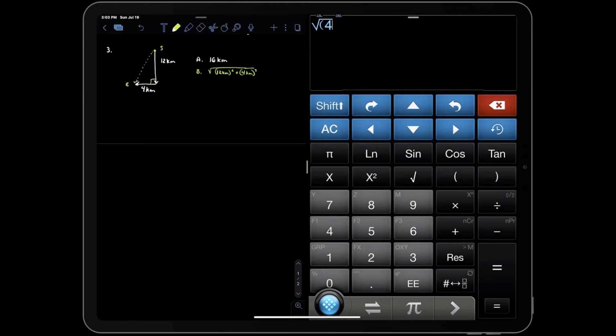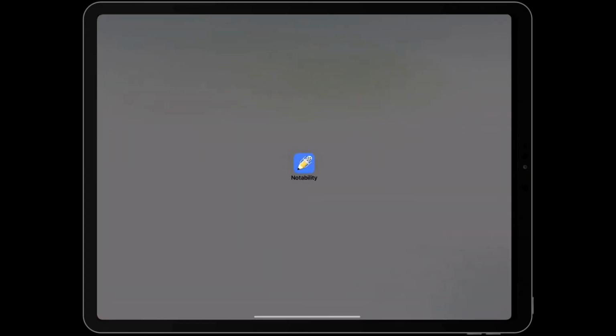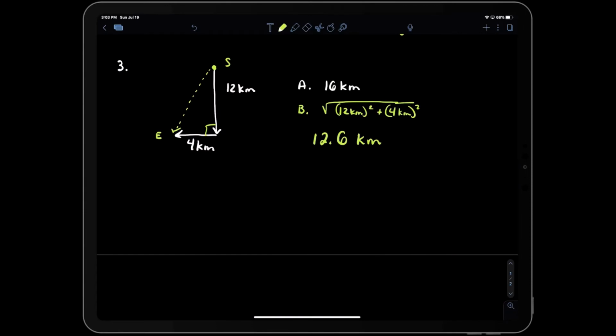Oh, we don't need to put that parentheses in there. Maybe I do. We go 4 squared plus, what was it, 12 squared? 12 squared, close it, equals, we have 12.6. So 12.6 kilometers. And for this to be displacement, I have to have a direction. So this would be to the southwest as a generic direction.